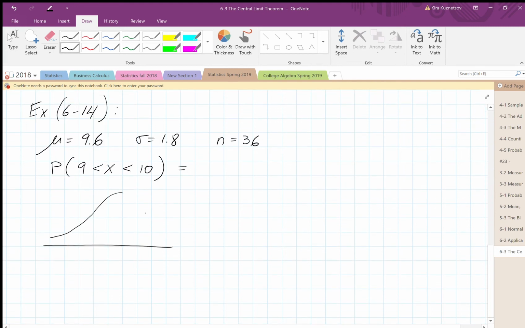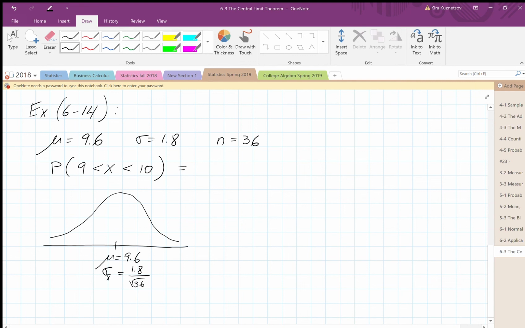It is a sampling distribution, so regardless of whether they mentioned it's normally distributed or not, it doesn't matter, because you know that the sampling distribution will always be normally distributed regardless of the original distribution of the individual results, with a mean of 9.6 and this new sigma of 1.8 divided by the square root of the size of the sample.